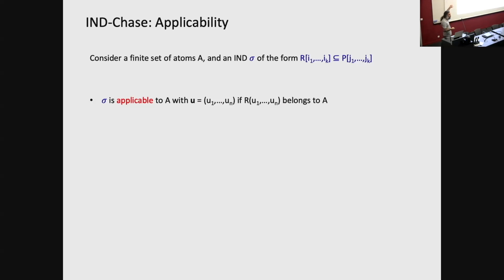The version that I'm defining here will eventually give rise to what we call the oblivious chase, which is actually the naive version of the chase, which doesn't really check whether a constraint is really violated. It just fires rules as long as the left-hand side of this inclusion dependency is satisfied. As long as there is an atom with a relation R, the chase will say, okay, this is a good reason to fire this inclusion dependency.